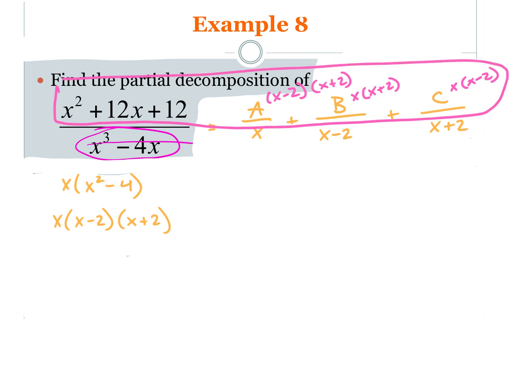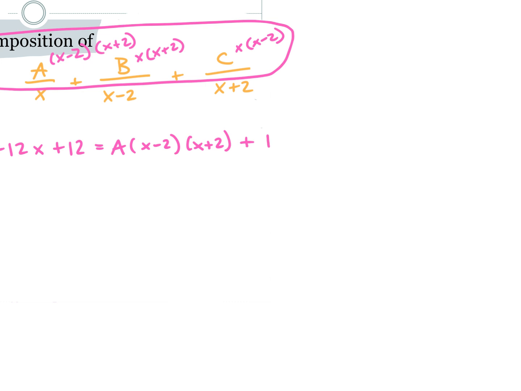So we're going to set up our equation. So our equation here is long. We've got x squared plus 12x plus 12 equals a times x minus 2 times x plus 2 plus b times x plus 2 plus c times x minus 2.